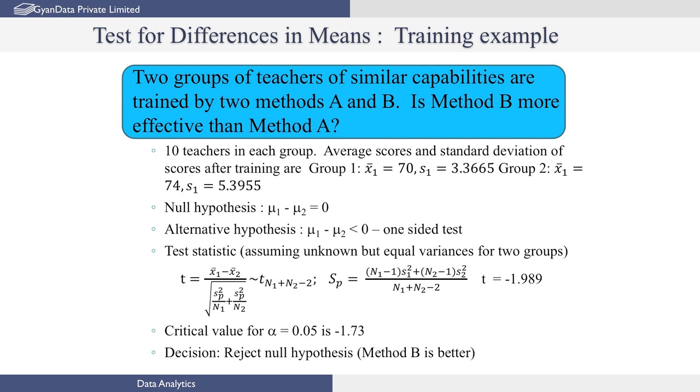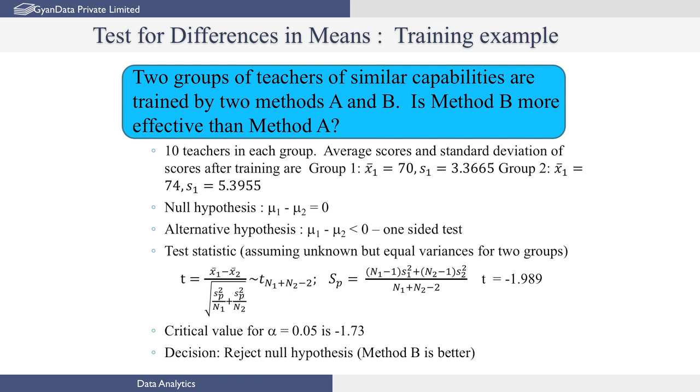So, we can pool their variances and we can obtain a pooled variance by just taking the sum squared deviation with the respective means and then obtaining a pooled variance. This is the way by which you obtain the pooled variance for two groups, and once you have obtained an estimate of the standard deviation of the group of teachers, then you can take the difference in the sample means, because remember you are testing the difference in means.